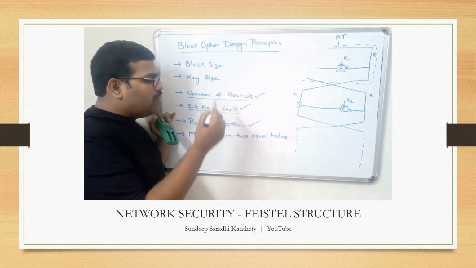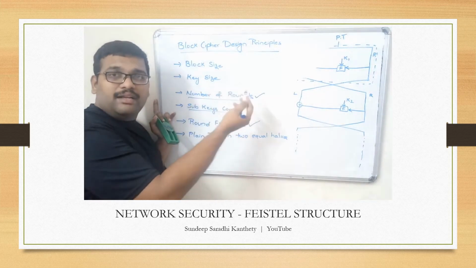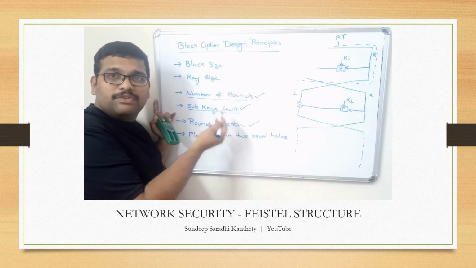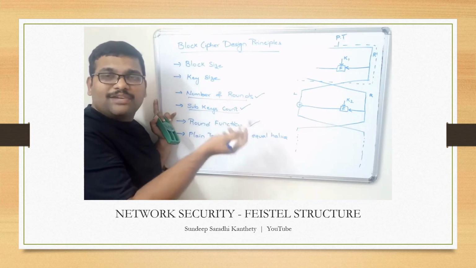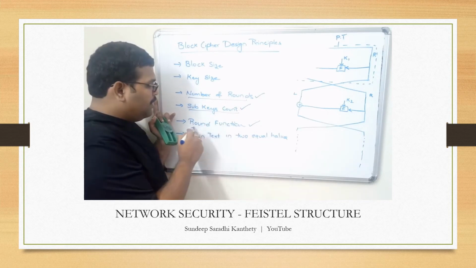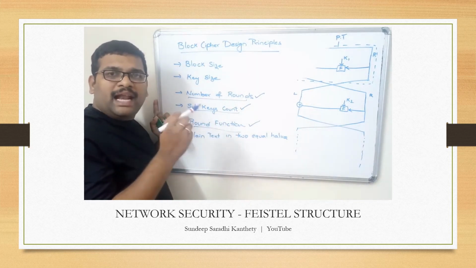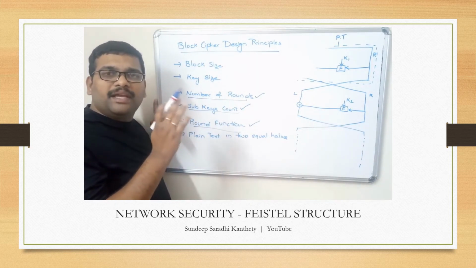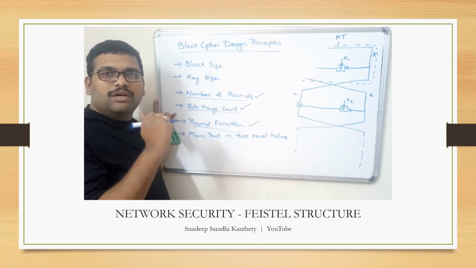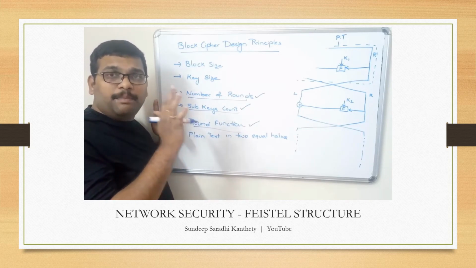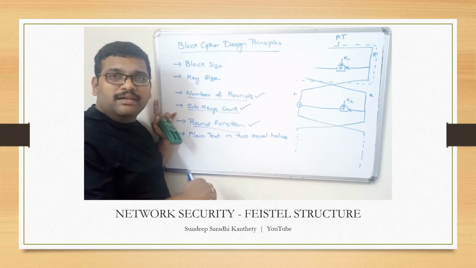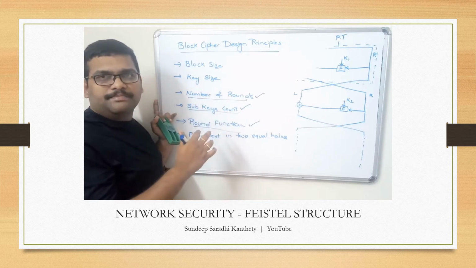If the number of rounds increases, automatically the number of subkeys will also increase, so the security will also increase. If the round function is more complex, the analysis of the algorithm will be very strong, so it is very difficult for the cryptanalyst to attack the data or break the algorithm.